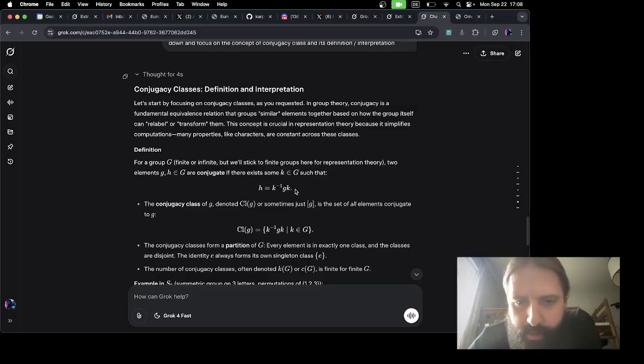Think of these things as transformations, right? The elements of a group are kind of transformations. So if you apply an inverse, and then you undo it with k, then you get h. It means they're conjugate.